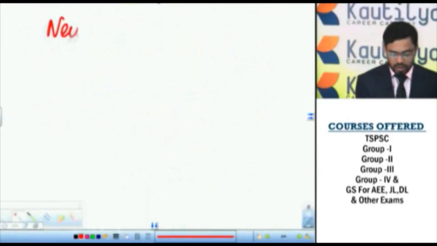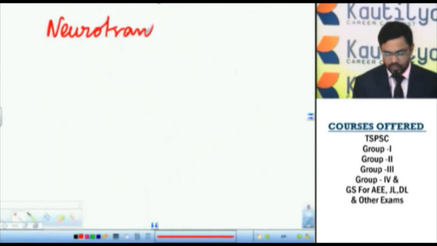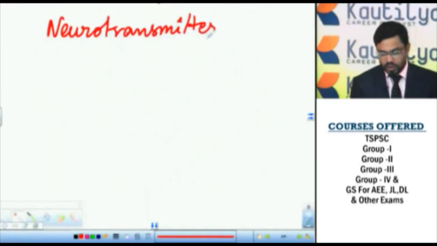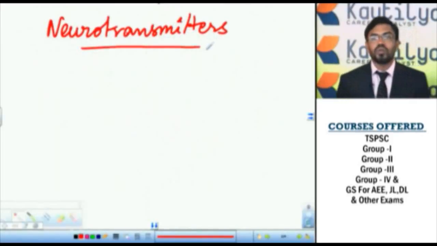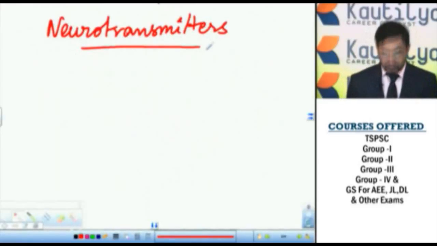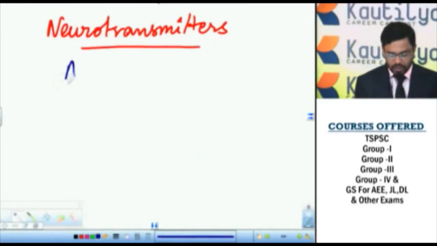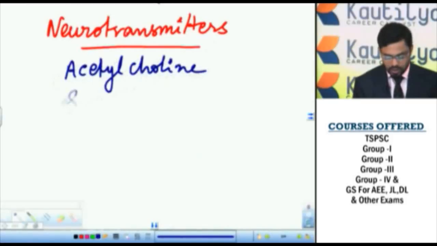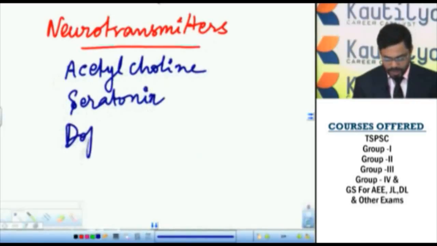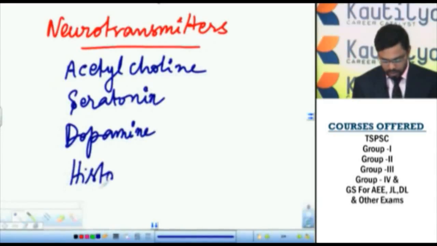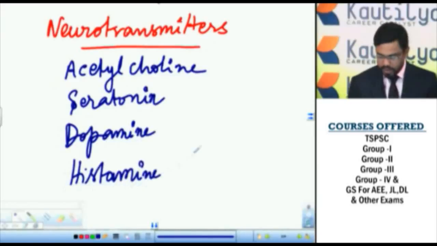At the tip of the neuron, some chemicals are released. These chemicals are called neurotransmitters. These neurotransmitters are useful for better conduction of the nerve impulse. Some examples of neurotransmitters are acetylcholine, serotonin, dopamine, histamine and GABA.